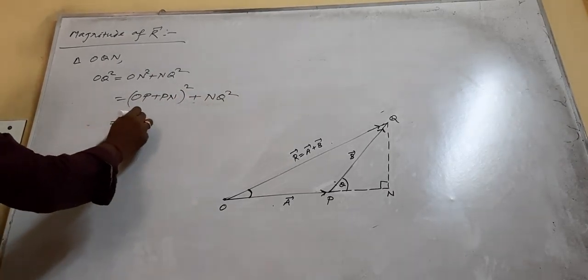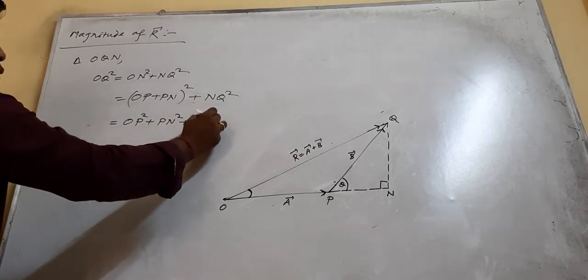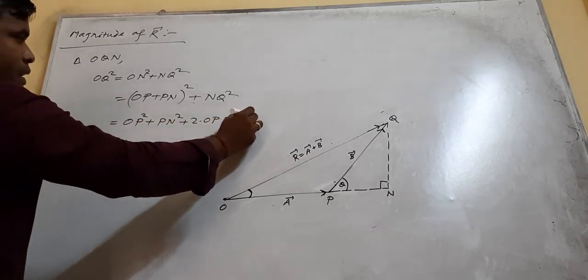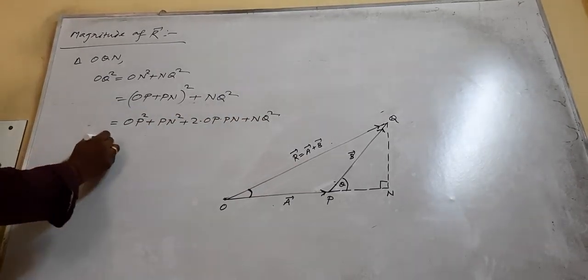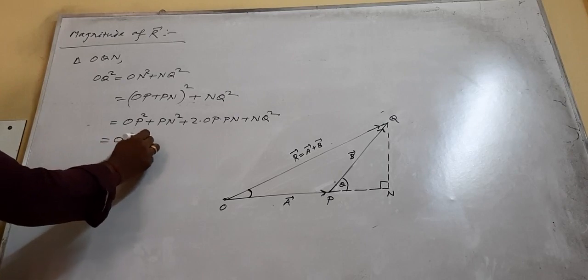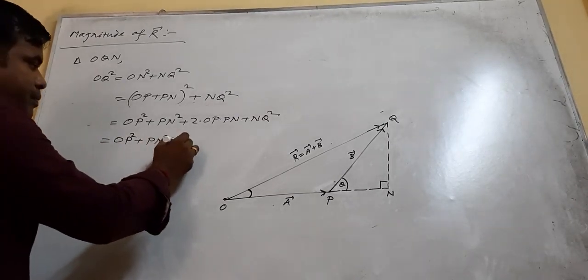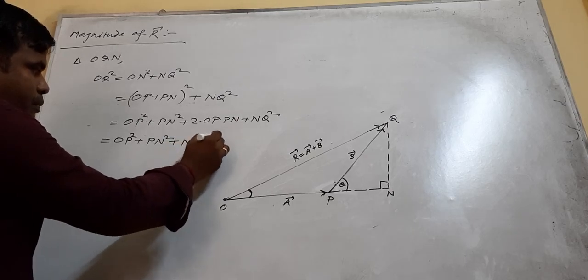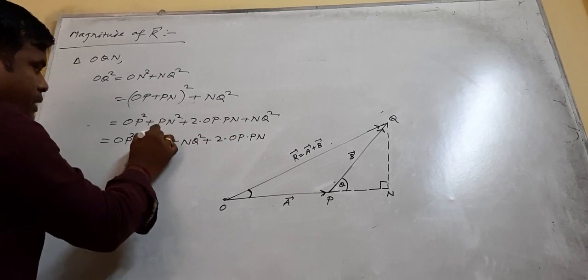You can write OP square plus PN square plus 2 into OP into PN plus NQ square. Or you can write OP square plus PN square plus NQ square plus 2 into OP into PN.